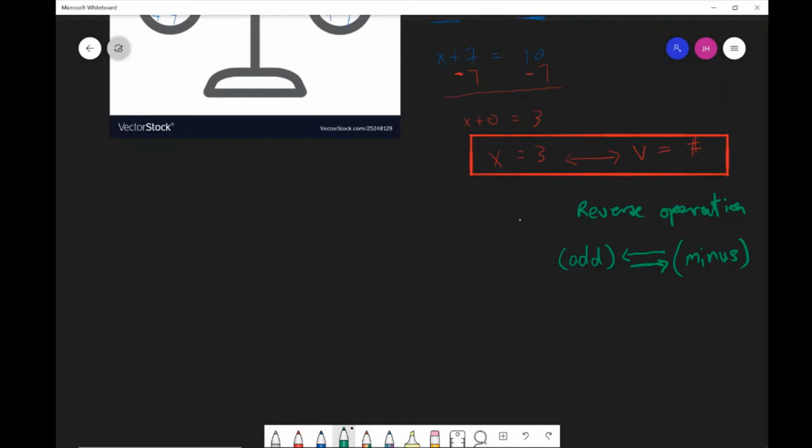And obviously the reverse operation of minus will be plus, add. The reverse of multiply is divide.